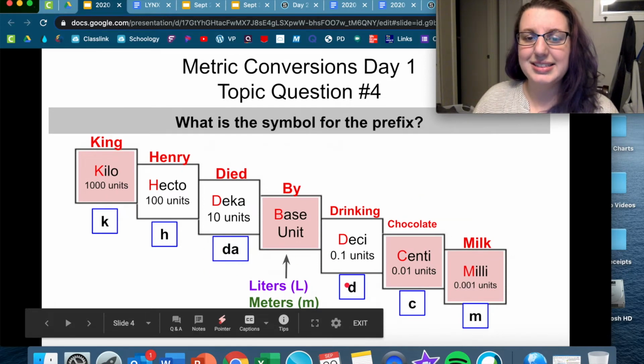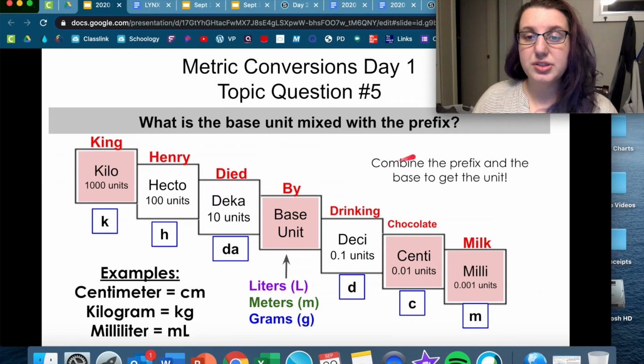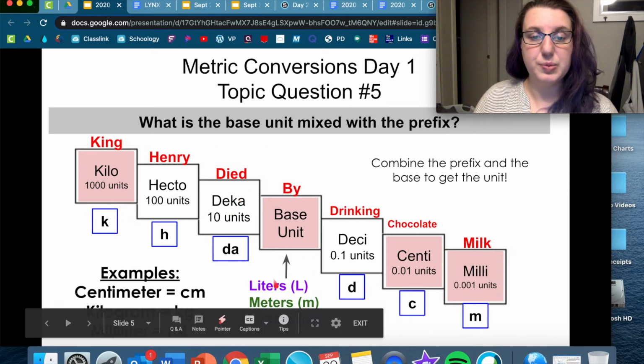They already had D for deci, but they couldn't do D again, so since deca is the only one that ended in A, they decided to add an A to it, so our abbreviation will be DA. To combine a prefix and a base, you get a unit. Examples down at the bottom: centimeter is cm, kilogram is kg, milliliter is ml. So you combine these prefixes with the base unit to get your new unit.